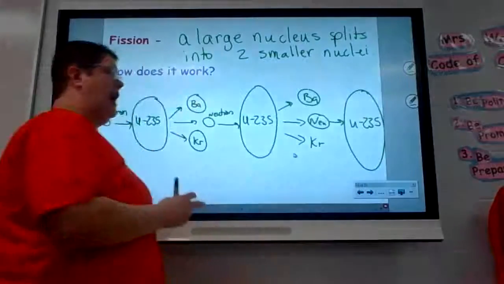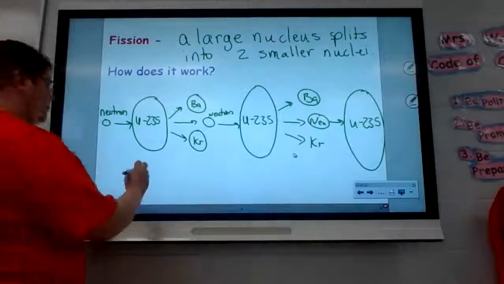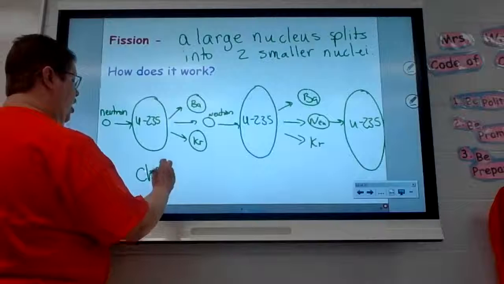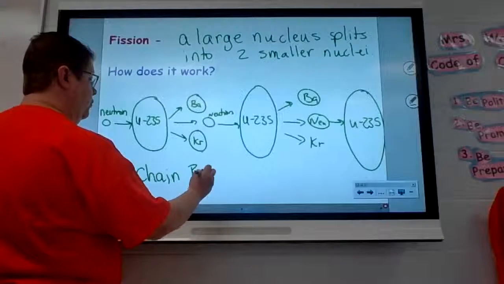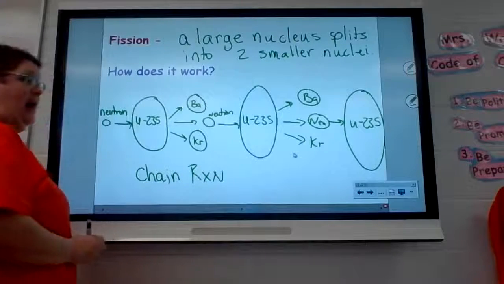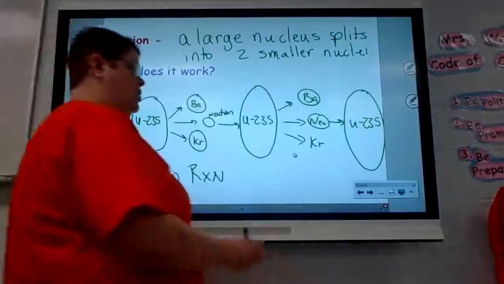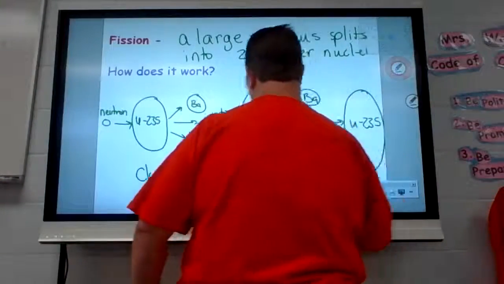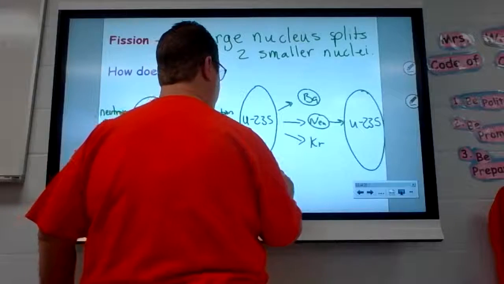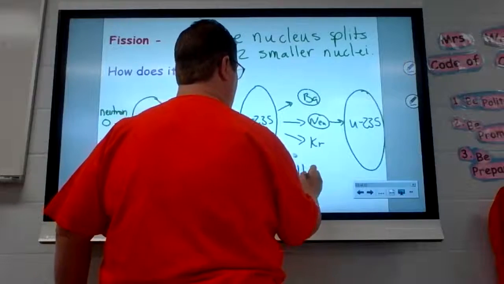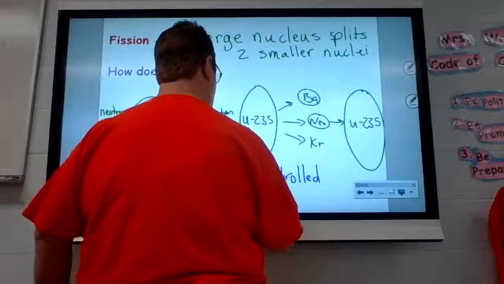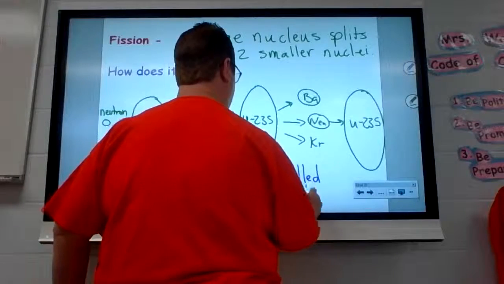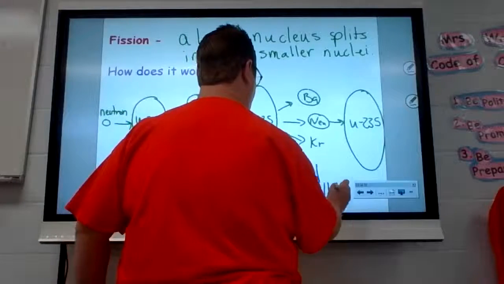Now, this process happens over and over again. This is called a chain reaction. Now, there are two kinds of chain reactions you can have: a controlled chain reaction and an uncontrolled chain reaction.